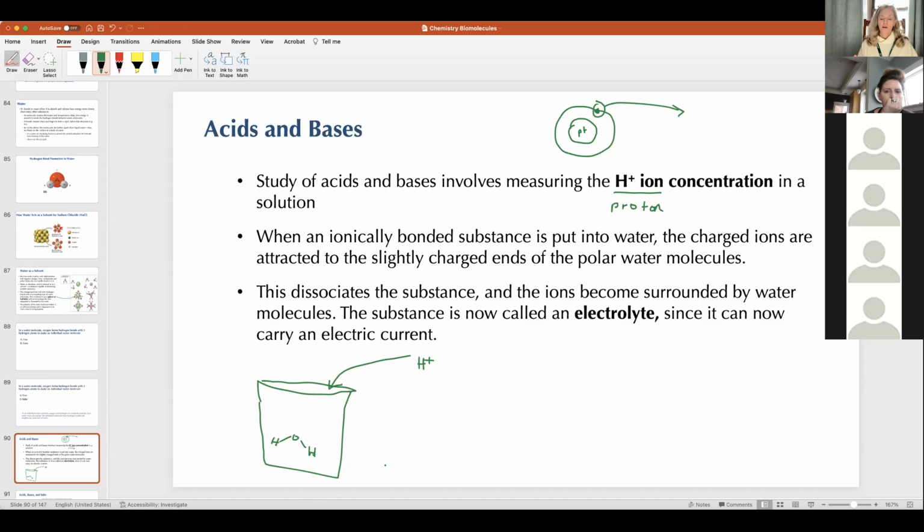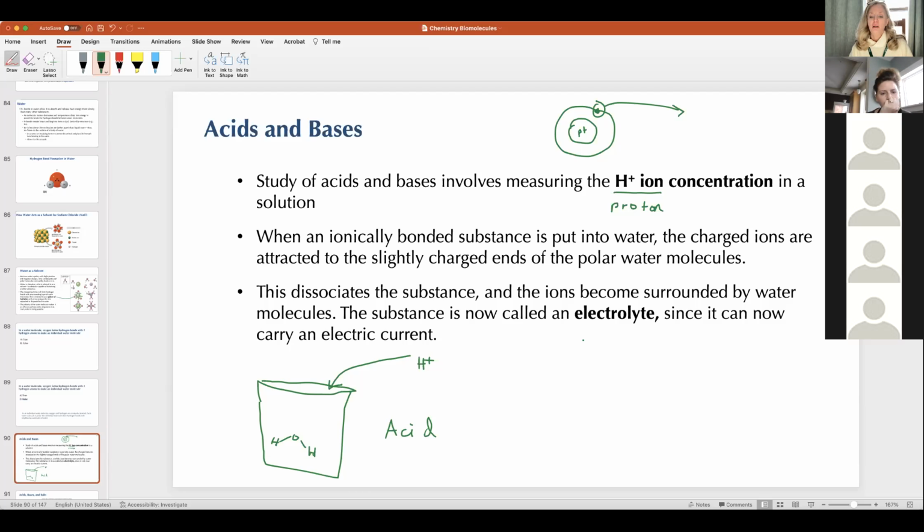Then water, which is neutral, pH is 7, suddenly we have a little bit more H plus in here than just H2O. We've now made an acid. We've now made it acidic. Now, just a few H pluses in that water is going to be a very low concentration. But we can have a super high concentration in water.